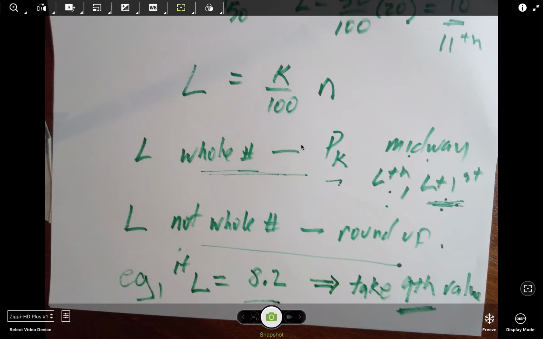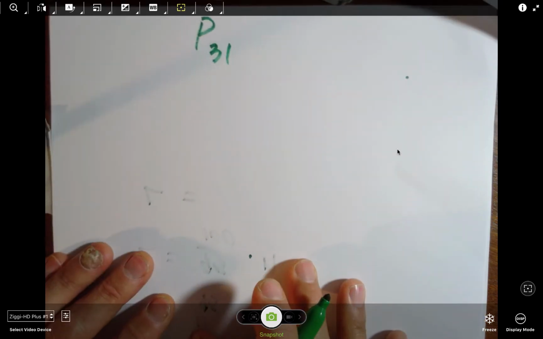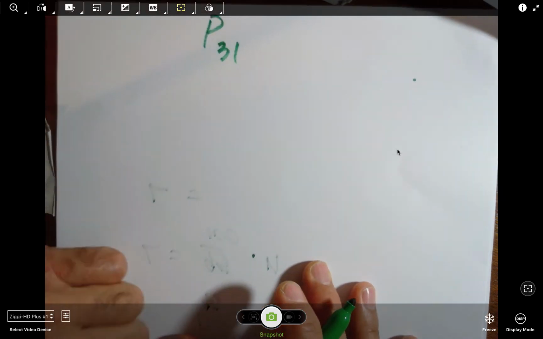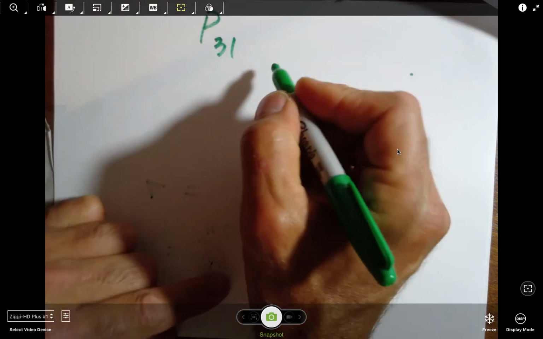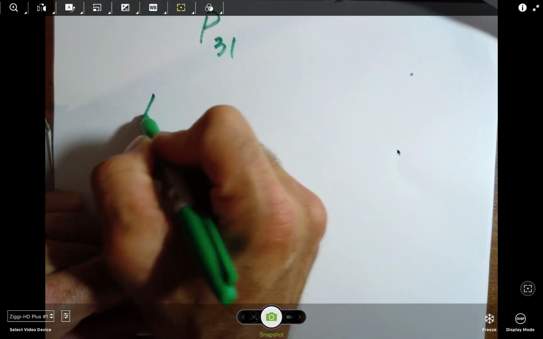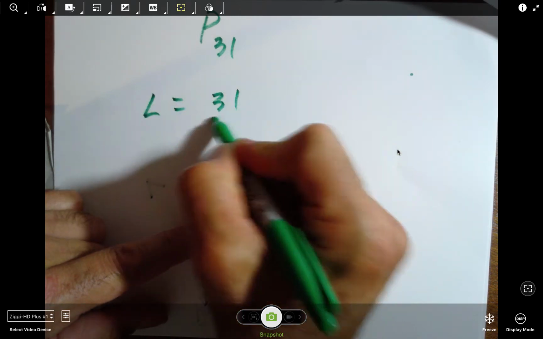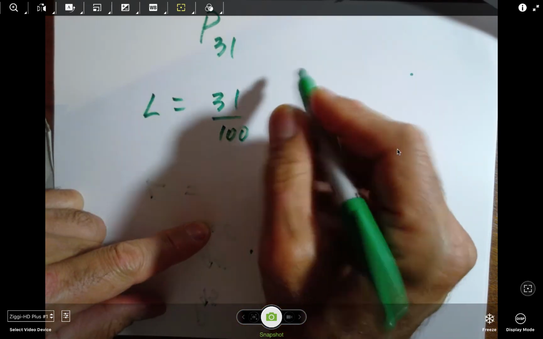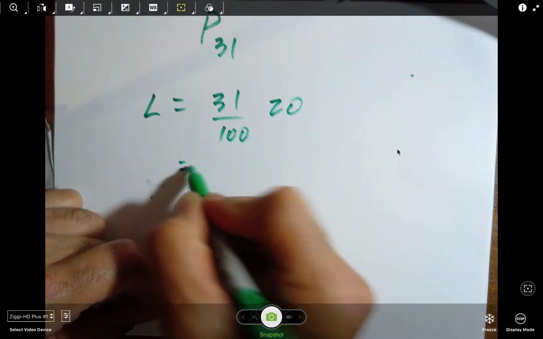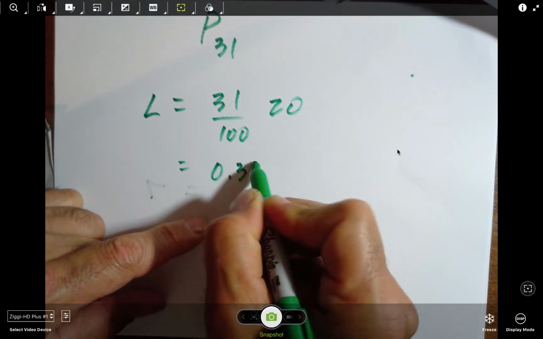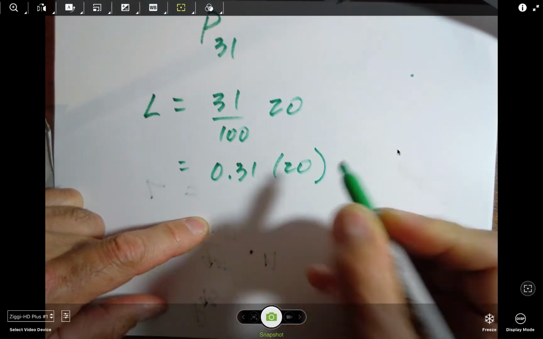Let's do an example where L turns out not to be a whole number. Let's find the 31st percentile for our data. Now we're going to find L equals 31 over 100 times 20, or 0.31 times 20.